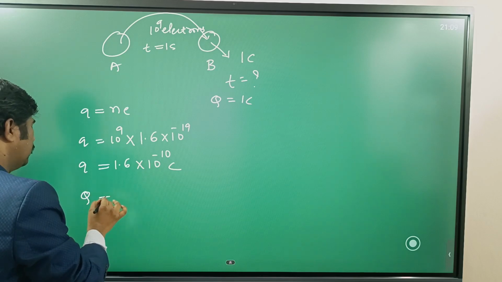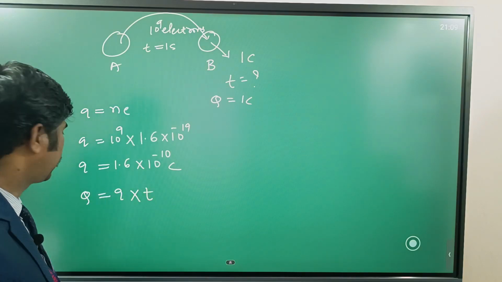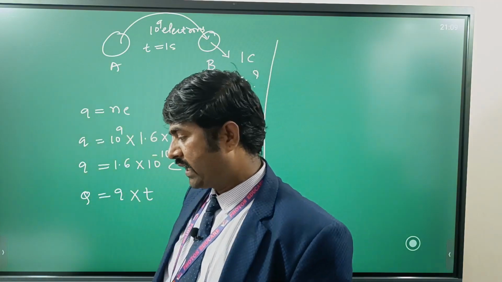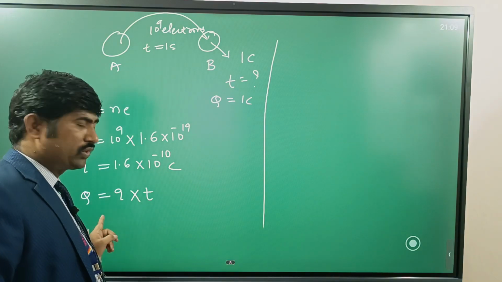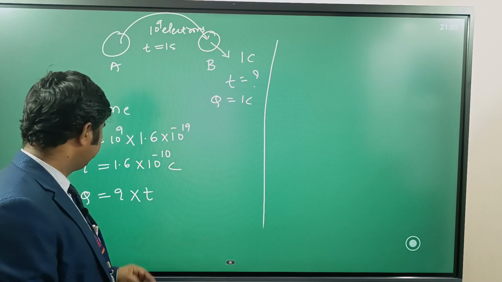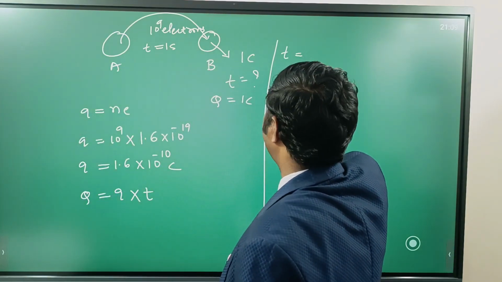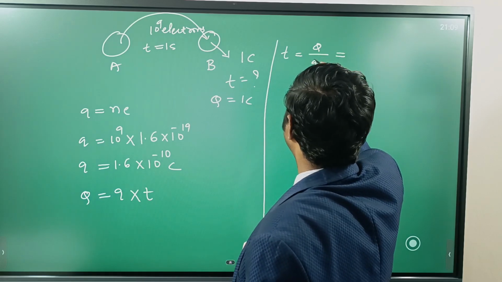So we can write Q is equal to q into T. Now, what is the time taken here? The time taken that we want to calculate is T equal to capital Q divided by small q. What is the value of capital Q?